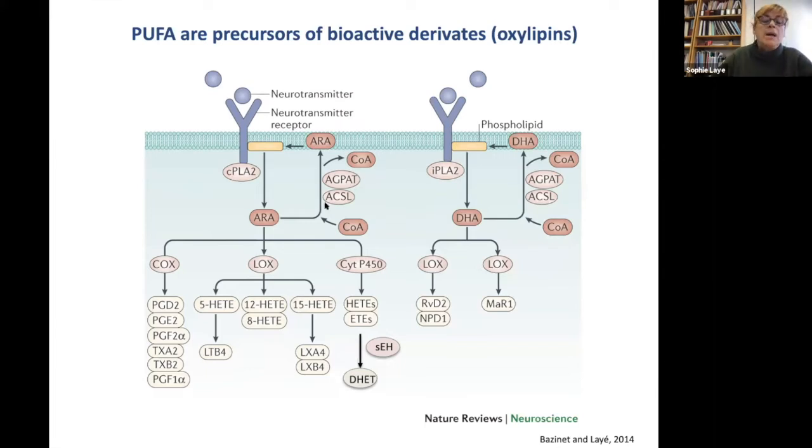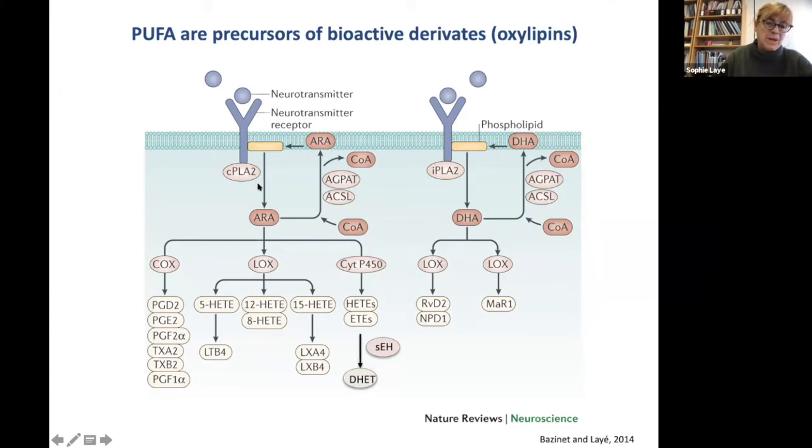short, arachidonic acid is a precursor of many compounds that are mostly pro-inflammatory. They derive from the cyclooxygenase pathway or the lipoxygenase pathway, and all these compounds are mostly pro-inflammatory. But there are some compounds deriving from the cytochrome P450 pathway that are anti-inflammatory.